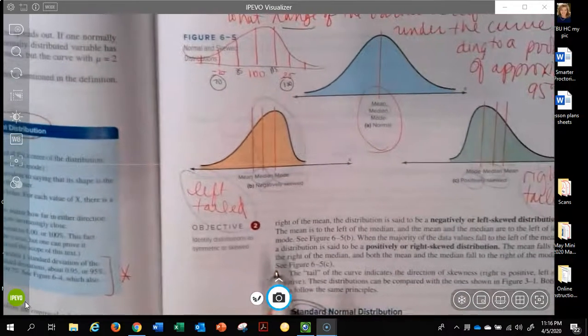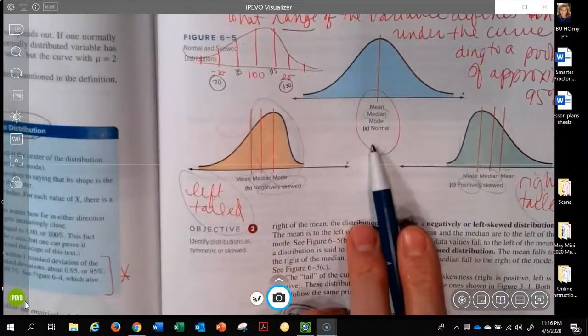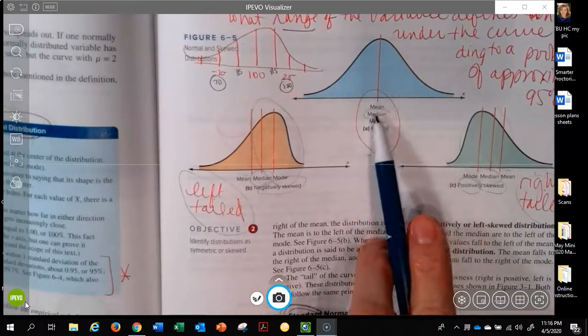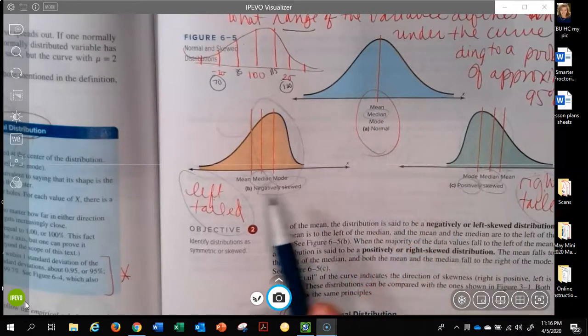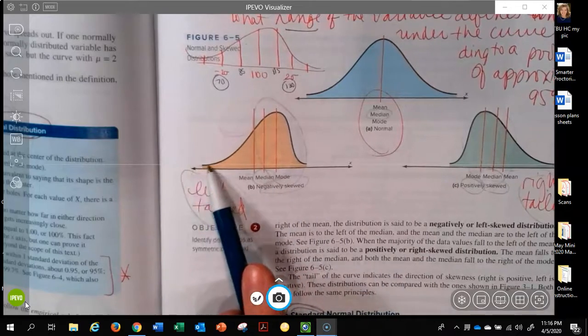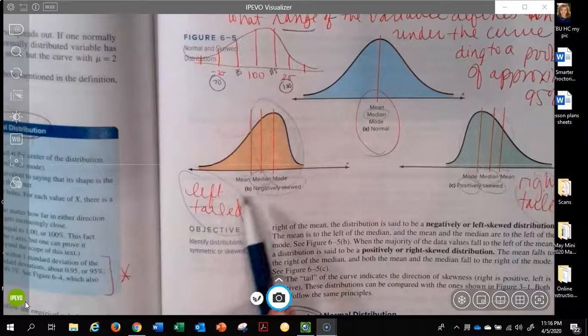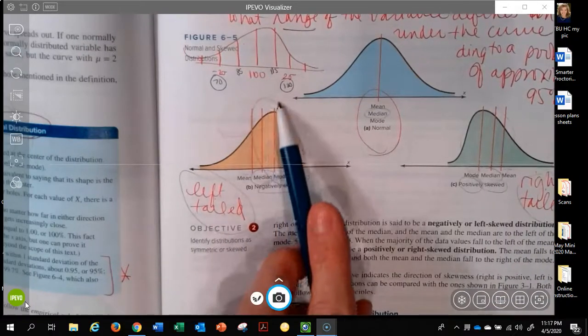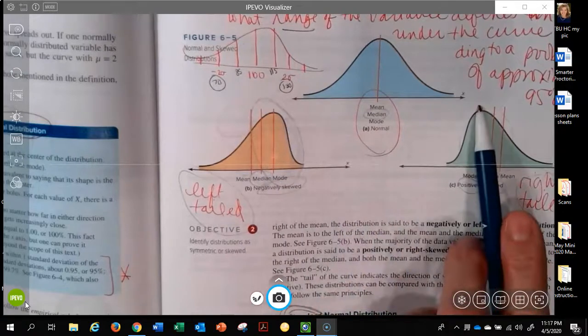I'd like to point out some interesting facts about these 3 curves. This is a normal curve, and we saw that the mean, median, and mode stack. They are all the same theoretically. But here's our left-tailed skew, and here's our right-tailed skew. And when we were in class, I did point out find mode. Mode is going to be the one with the most.